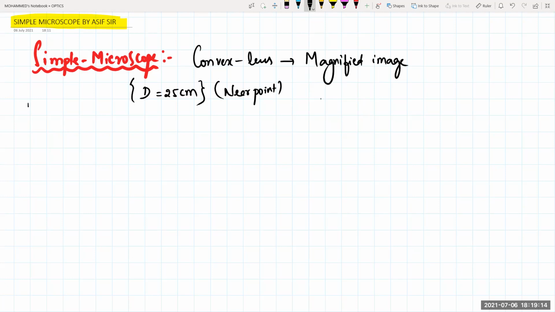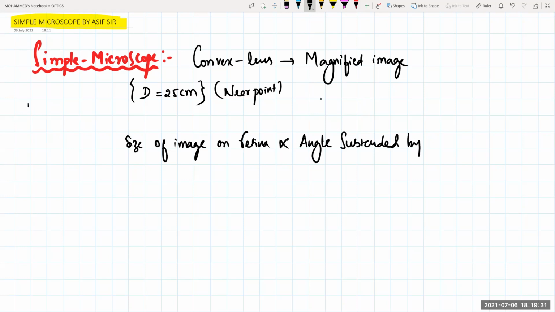So the size of your image on your retina is directly proportional to the angle subtended by the object at the eye. Which is also called what, beta? Visual angle. Is that clear?